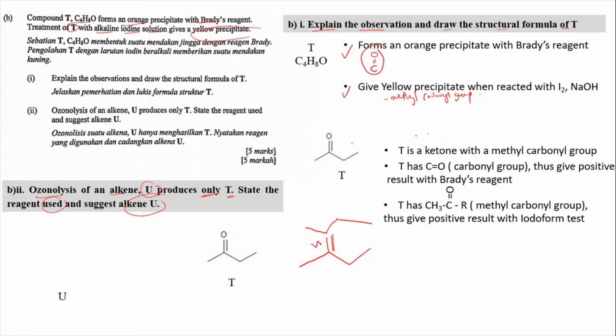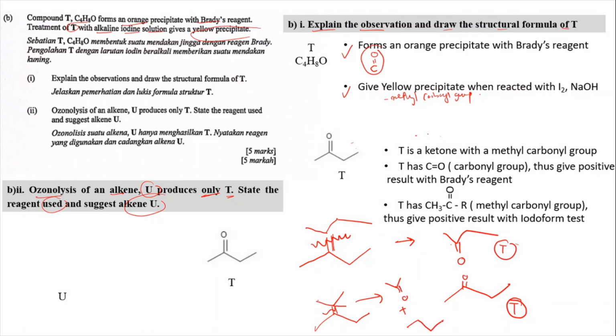Sebab if I were to cut the carbon-carbon double bond, what I'm going to produce is something like this. And this refers to product T, and this will also refer to product T. Dan dia hanya menghasilkan produk T. I cannot draw it to be something like this or like this, because if I were to cleave, I will get this product and I will also get this product.